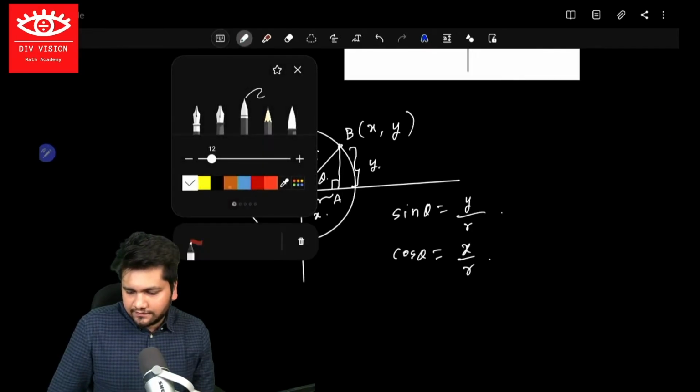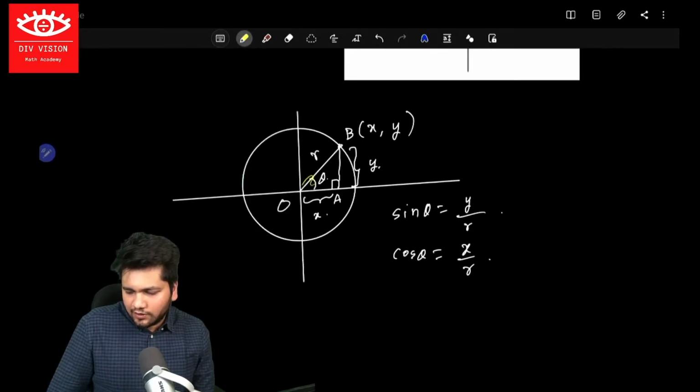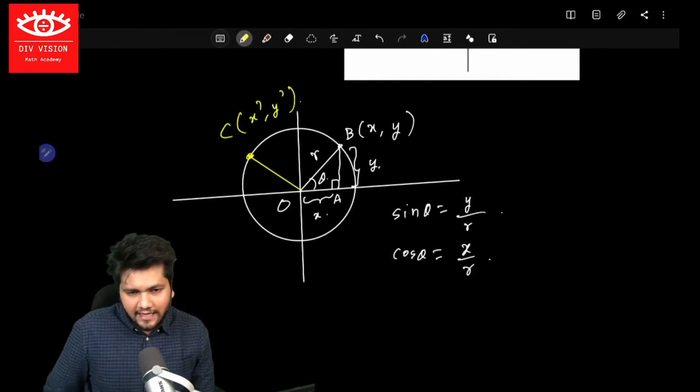Now what if the angle is more than 90 degrees? So it will come somewhere here. Now let's say this is point C, and the coordinates be x dash comma y dash. But as you can see here, the coordinate is in the second quadrant, right? This is the second quadrant.